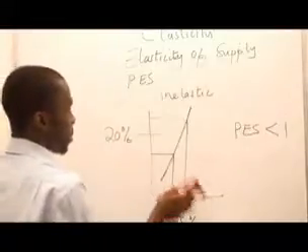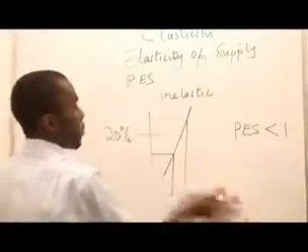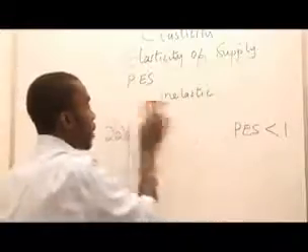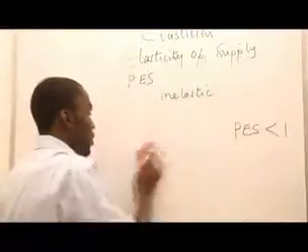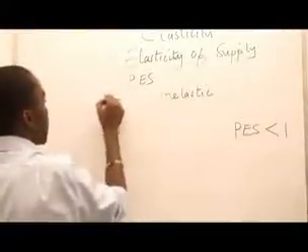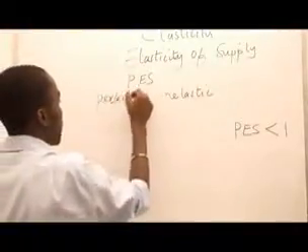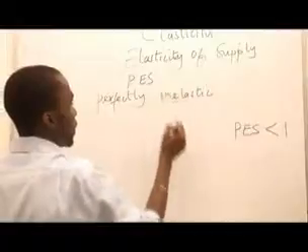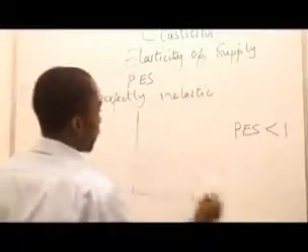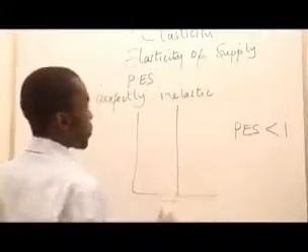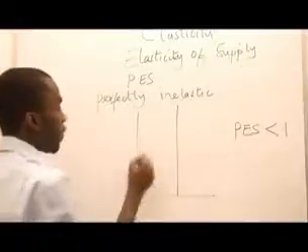Then our final case is where we have a vertical supply curve, which is perfectly inelastic supply. Here we have vertically sloping supply curve.